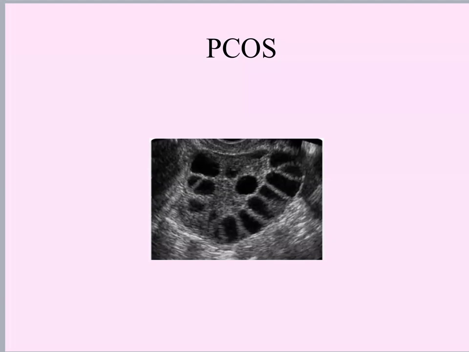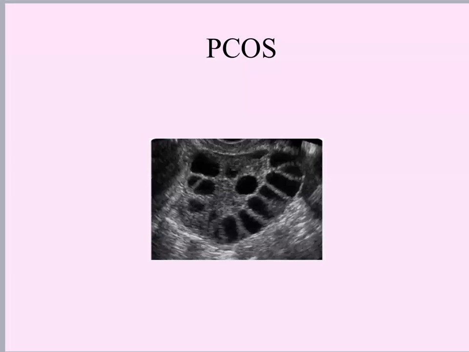So PCOS, it is a hormonal disorder. It happens to females of reproductive age, so it can have an onset in early puberty, but it can happen at any time in a female's life, if she's of reproductive age.